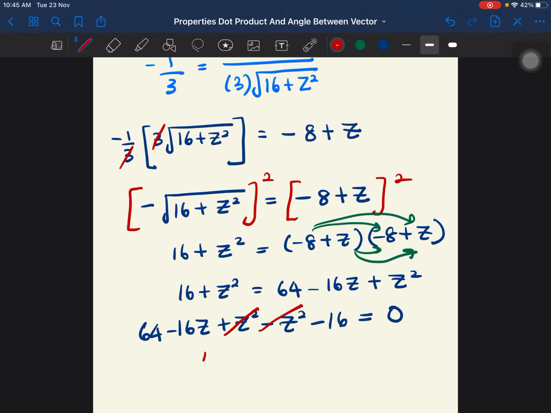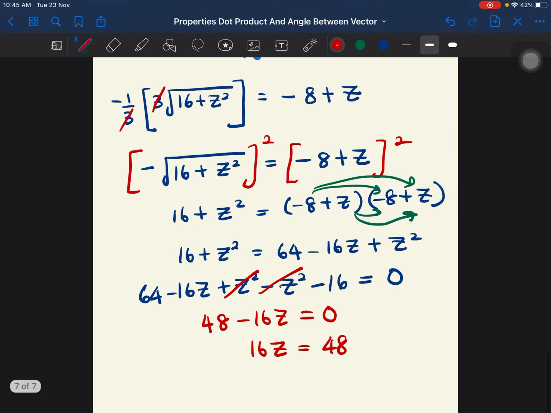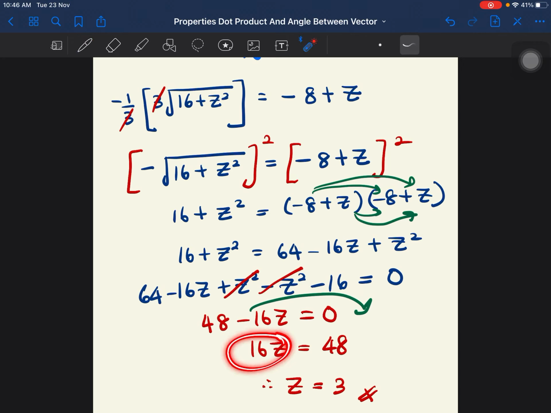So you are left with 48 minus 16z is equal to 0. So 16z is equal to 48. Therefore, z is equal to 48 divided by 16, which gives you 3. To solve this one you have to bring it to the right hand side, so that's why here you have the positive.